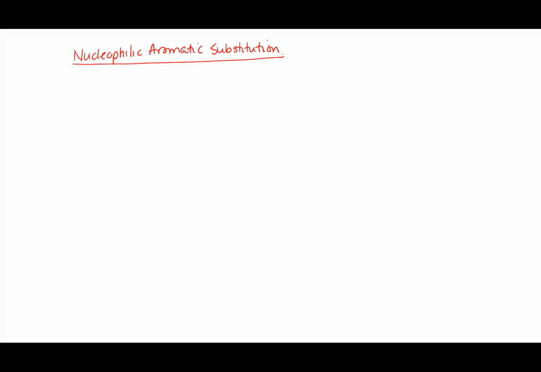So when I talk about a system being activated, it actually has what we have learned as deactivating groups attached to it, because I'm adding a nucleophile as the substituent, or I'm substituting a nucleophile, not an electrophile. So here, for instance, is an example of nucleophilic substitution, and there's going to be two mechanisms for this.